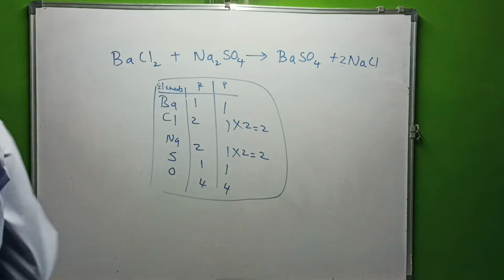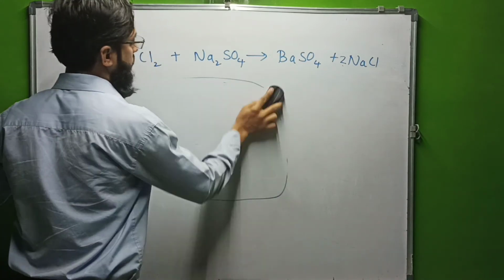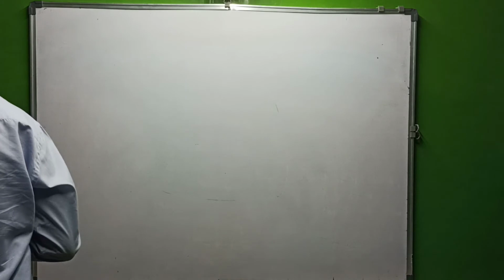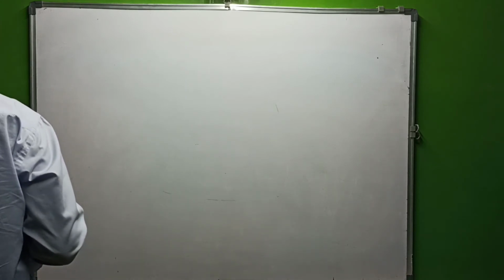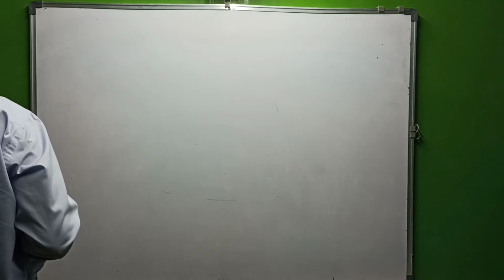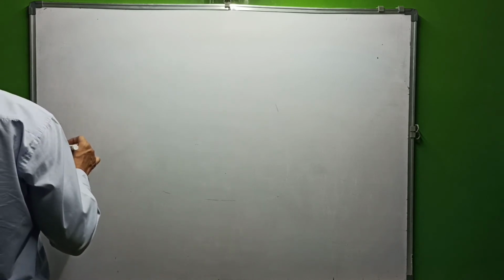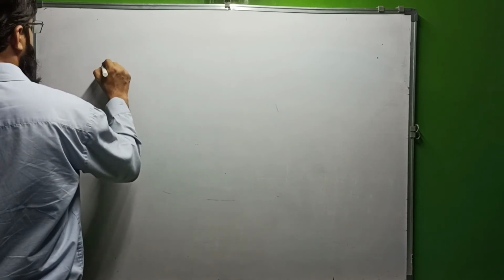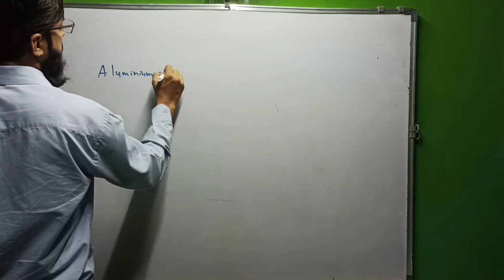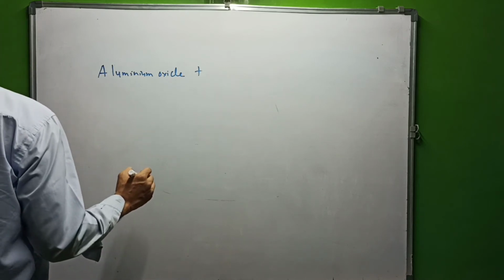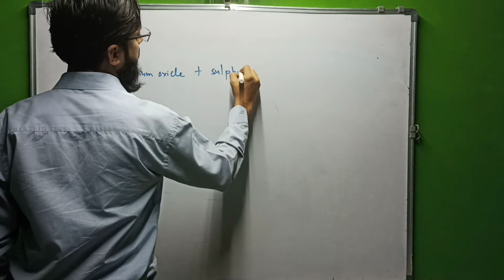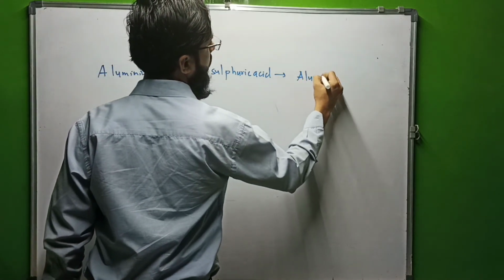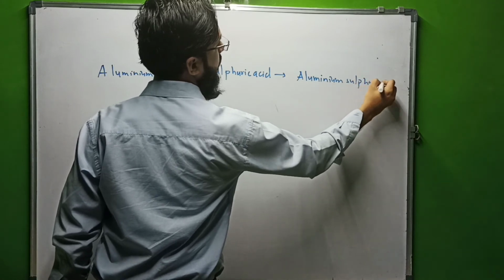Let me give some homework. Aluminum oxide plus sulfuric acid gives aluminum sulfate plus water.